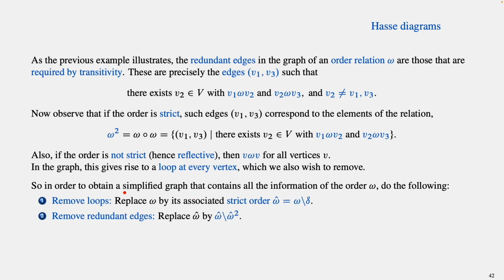So in order to obtain a simplified graph that contains all the relevant information about the order omega, we do the following. First, we replace omega by its associated strict order omega hat by taking omega without the diagonal relation. And that takes care of the loops, so this removes the loops we would have at every vertex for a non-strict order.